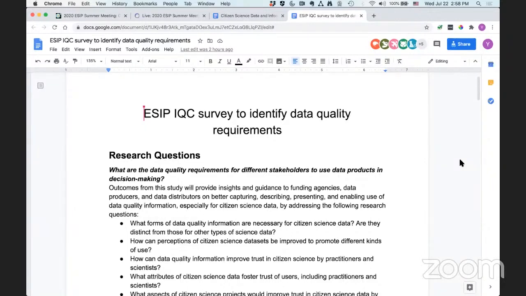We need a logic model: better citizen science data, new and better science, support for better decisions. Any questions or any comments on that?